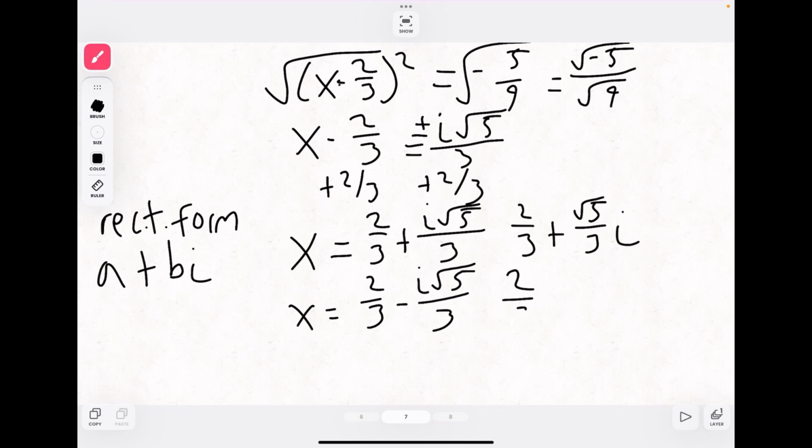And it's the same thing for the bottom: 2/3 minus the square root of 5 over 3 times i. So again, it really just depends on who your teacher is. My teacher never cared if our answer was in rectangular form or not. But just in case yours does, that is the final answer in rectangular form.